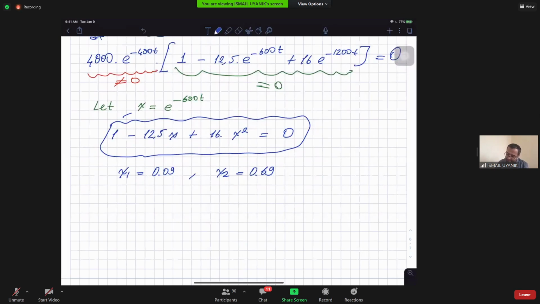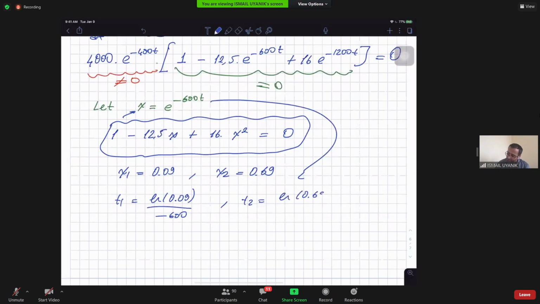So what is t in this case? That t should be ln of that number divided by minus 600. So T1 is ln of 0.09 divided by minus 600, and T2, based on this calculation, should be ln of this number divided by minus 600.